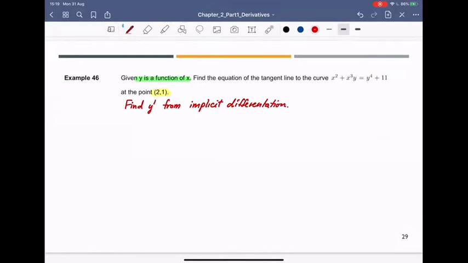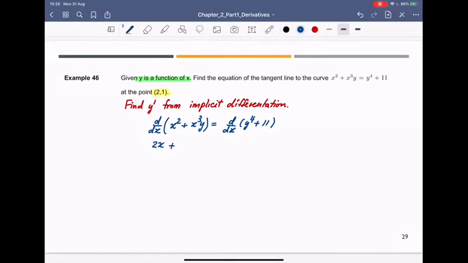So I can start by looking at my equation: x squared plus x cubed times y equals y to the fourth power plus 11. I'm going to differentiate with respect to x on both sides. Be careful when you differentiate. Differentiate x squared, you get 2x.